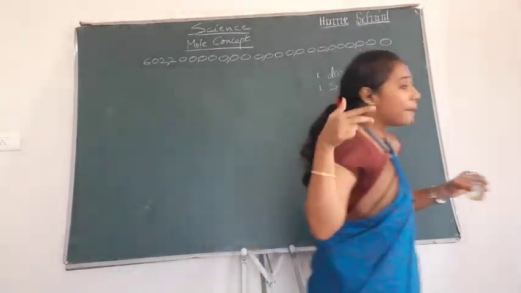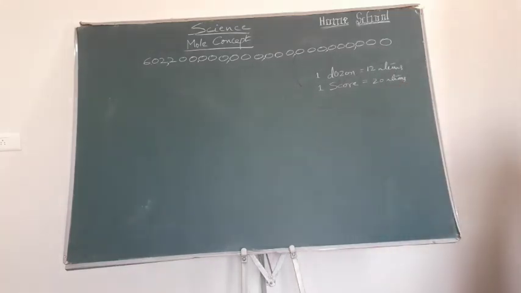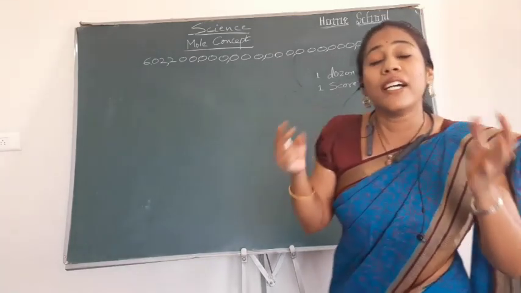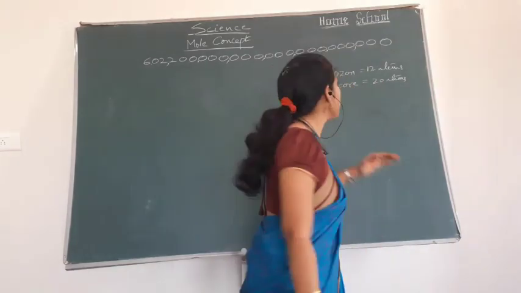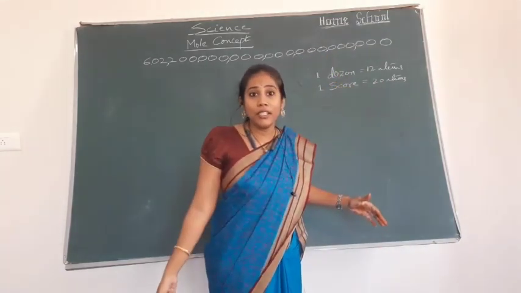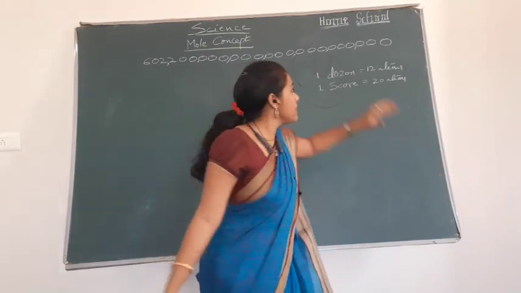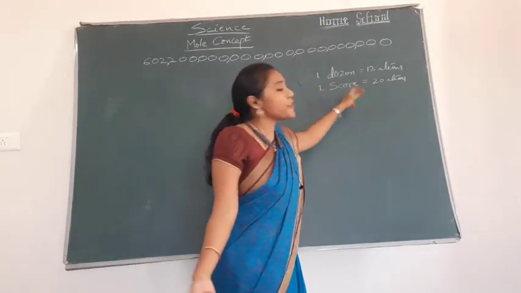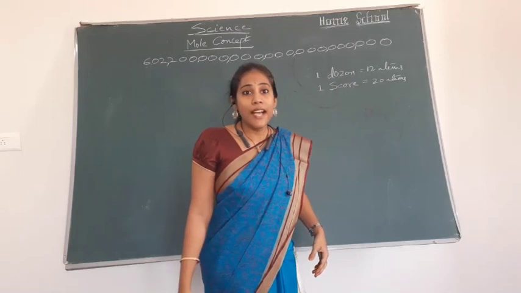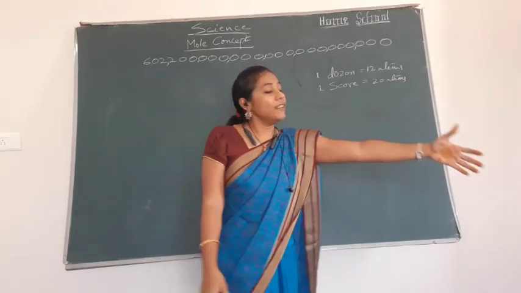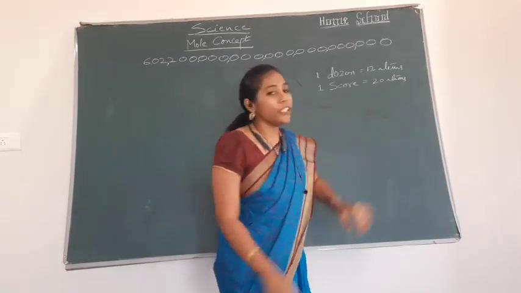Right? And to represent these smaller items, we want one term, just like a dozen or score. To represent these smaller items like atoms and molecules, I can't use a term like dozen, score and all. Yes, I can't tell 12 molecules are there or 20 molecules are there.